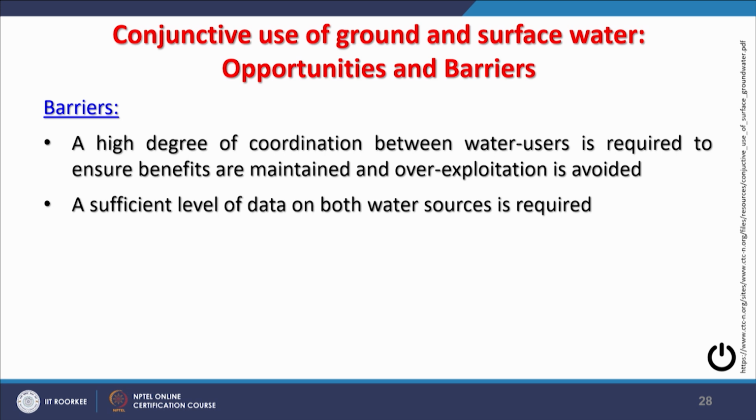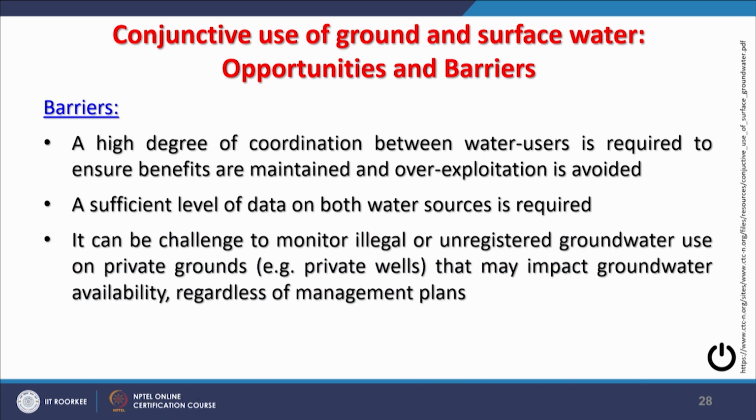A sufficient level of data on both water resources is required, that is about the surface water and groundwater. When surface water is getting depleted and the water level in the rivers is going down, as we have discussed earlier, at a certain level we should stop using that water, because otherwise this also harms the aquatic life if no water is left in a river for some time in a year.